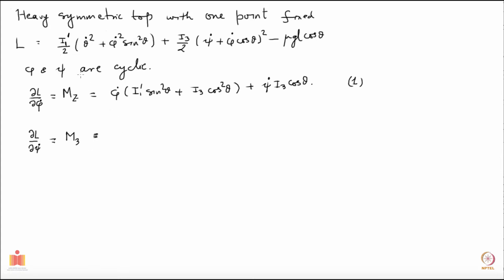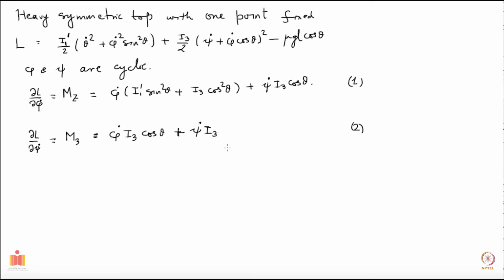Let's take a derivative with respect to psi dot. So these two do not contribute, only this term contributes. And of course there are two terms, one from psi dot square and another from the cross term, and you get phi dot I3 cos of theta plus psi dot I3. Okay, let's call it equation number 2.